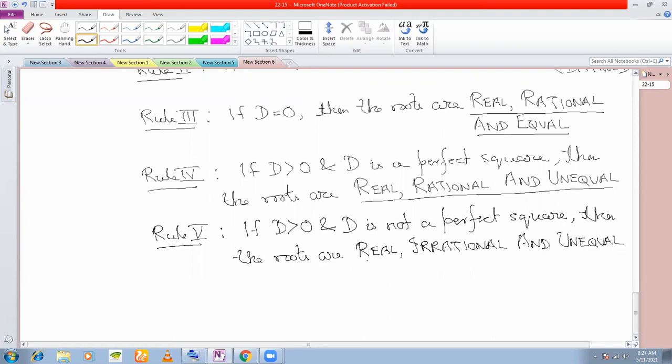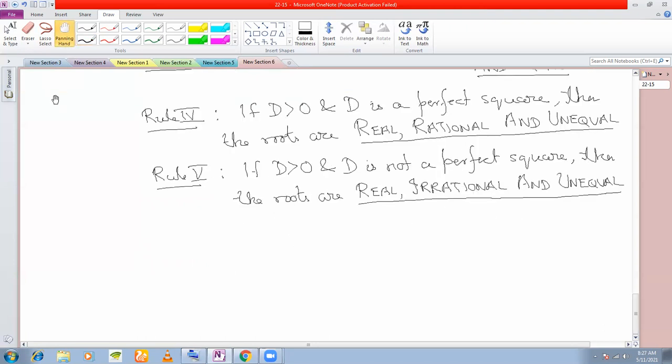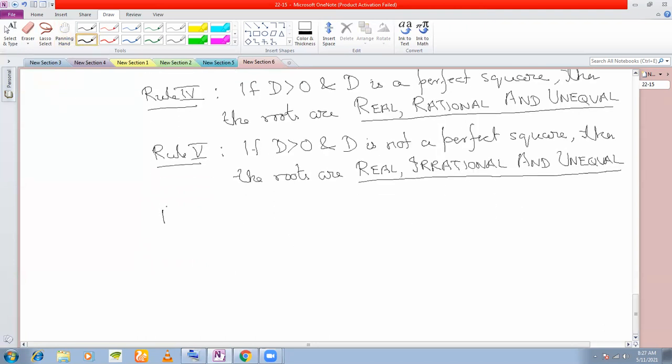And finally, rule number 6 is when the discriminant is negative. If D is less than 0, then we say the roots are complex.